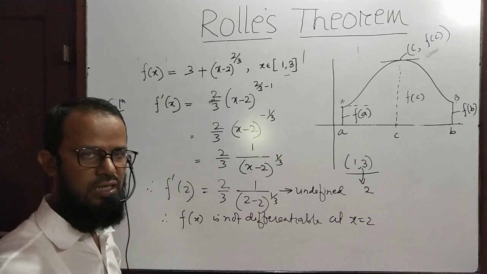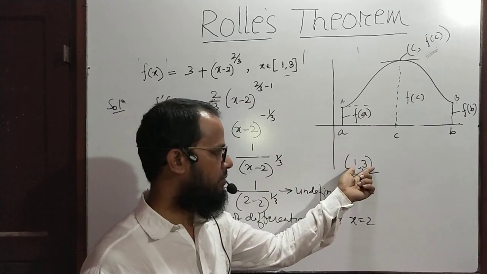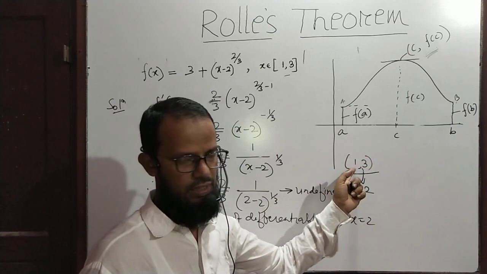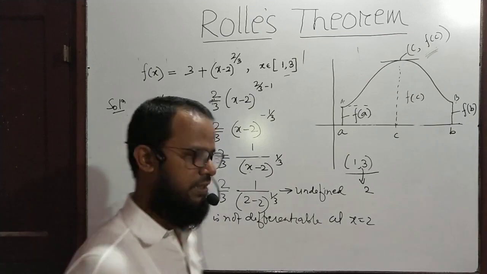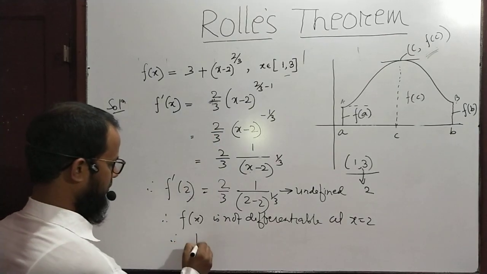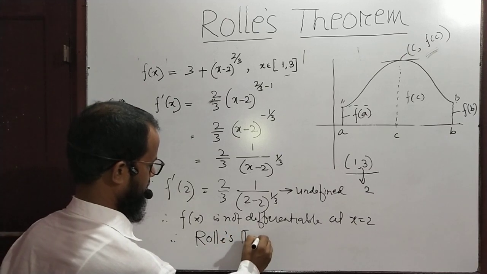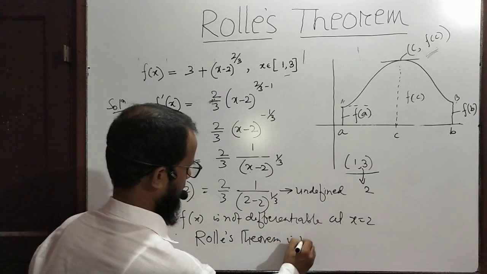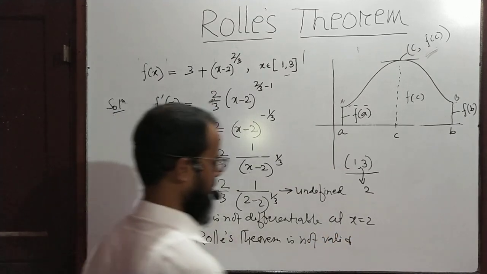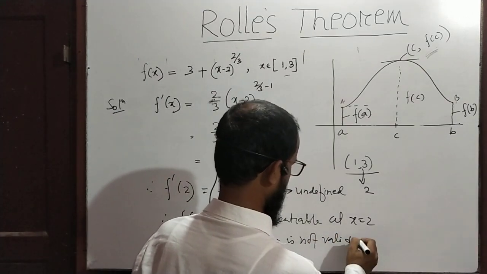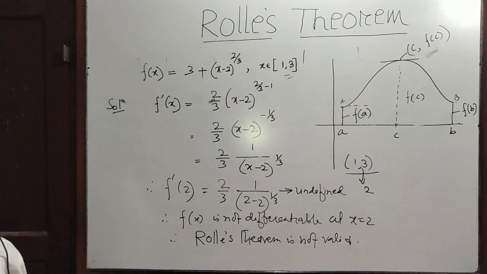The condition is that the function must be differentiable in this open interval, meaning at every point in it. Since 2 is a point where the function is not differentiable, Rolle's theorem is not valid for this function on this interval.